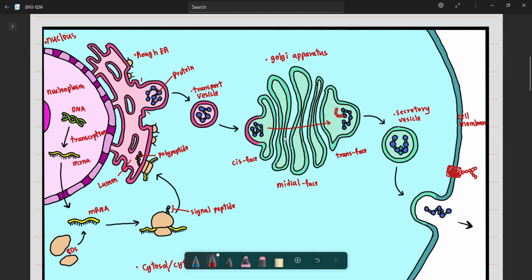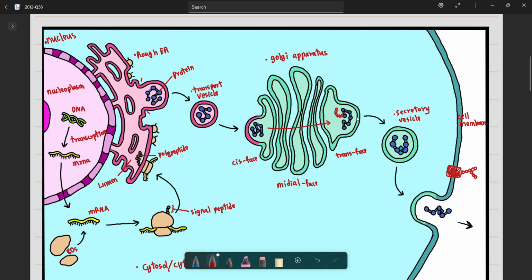So it fuses with the Golgi apparatus. The first part of the Golgi apparatus is known as the cis face, where it binds. It fuses to it, and then it passes through all the body of the Golgi apparatus, and at the end it buds off, which is the trans face of the Golgi apparatus.